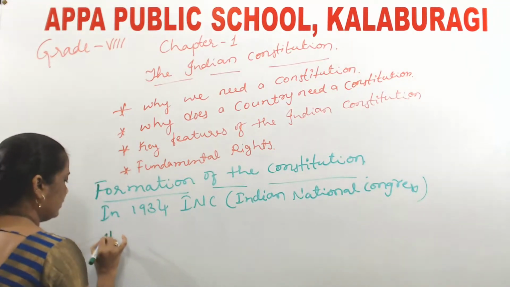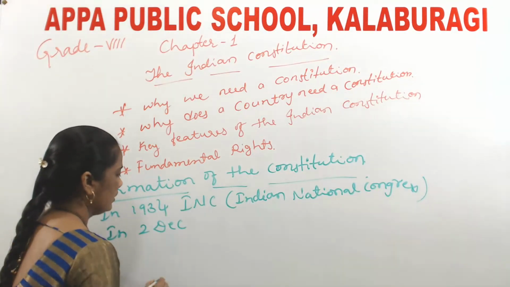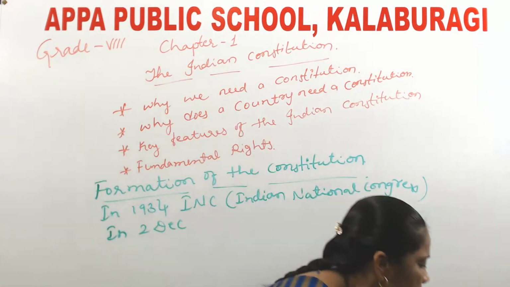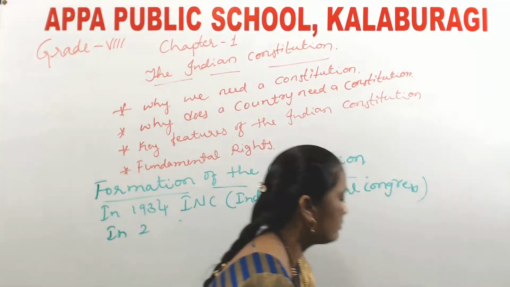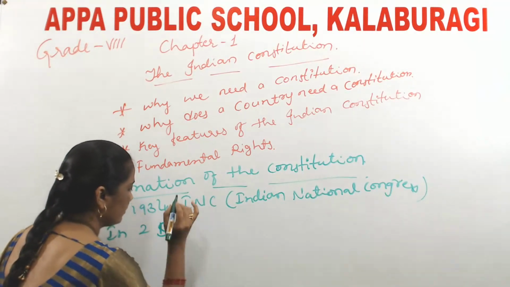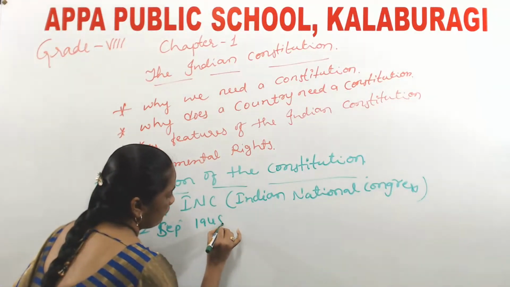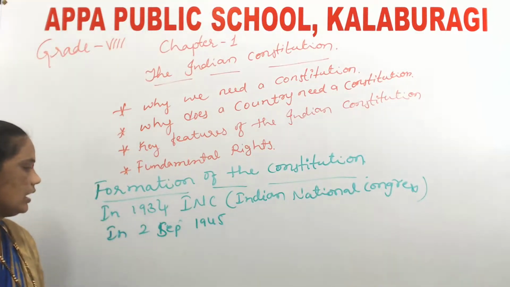So, on 2nd September 1945, the Constituent Assembly gained momentum.